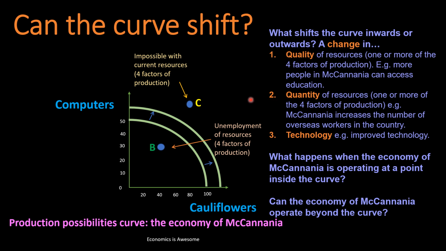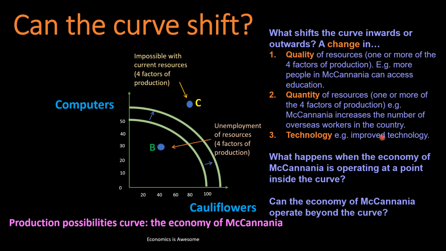And then quantity of resources is another factor that's going to cause a shift inwards or outwards. So if this economy increases the number of overseas workers in the country, then that's going to give also more labour and shift the curve out.